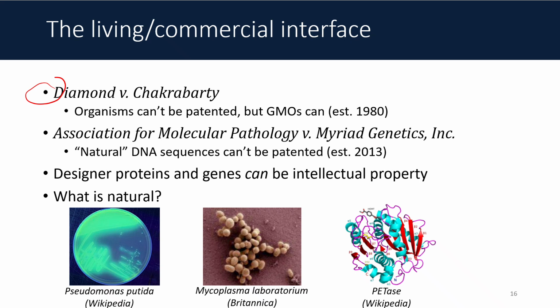You know, this strain of bacteria, Pseudomonas putida, is not naturally occurring. And so ultimately, the courts decided that yes, we can't patent organisms, but we can patent GMOs, the technology that makes that organism useful and innovative and unique, and thus paving the way for GMOs in the market.